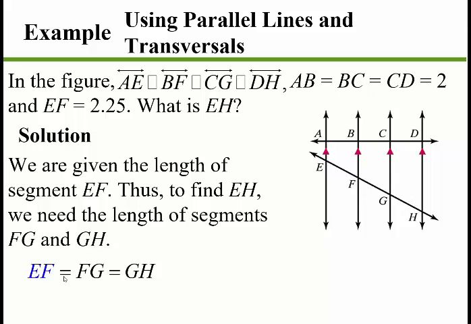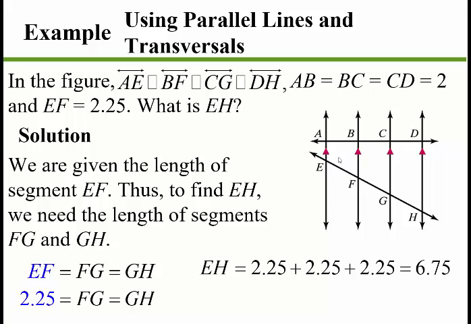They're all equal to 2.25. Well, then EH is just equal to 2.25 plus 2.25 plus 2.25, which gives me 6.75 from here to here. So that's 6.75 units.